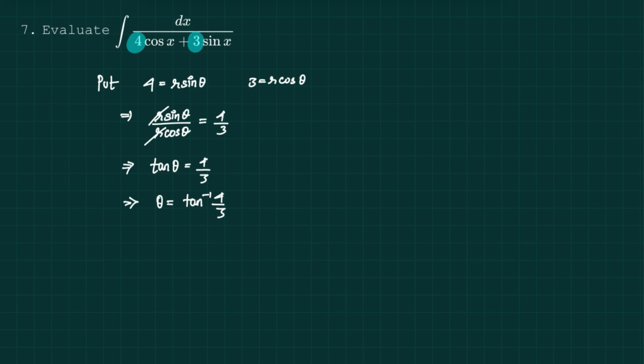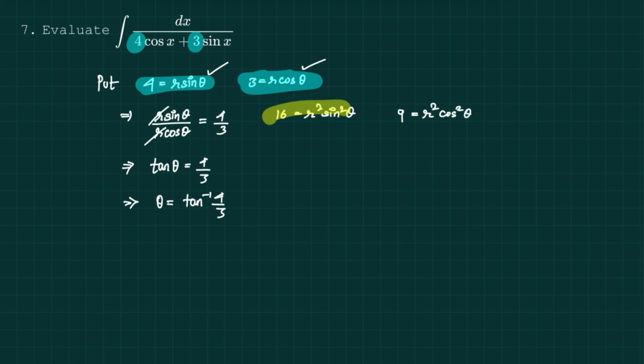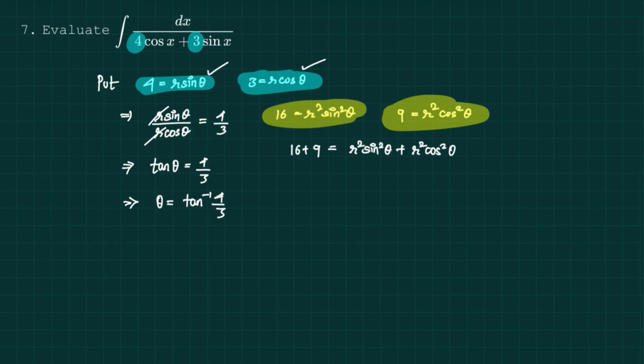and in order to find the value of r, let us square these two equations and add. So squaring the first equation, we will have 16 equals r square sin square theta, and squaring the second equation, we will get 9 equals r square cos square theta. Now let us add these two equations. So adding these two equations, we will have 16 plus 9 equals r square sin square theta plus r square cos square theta.